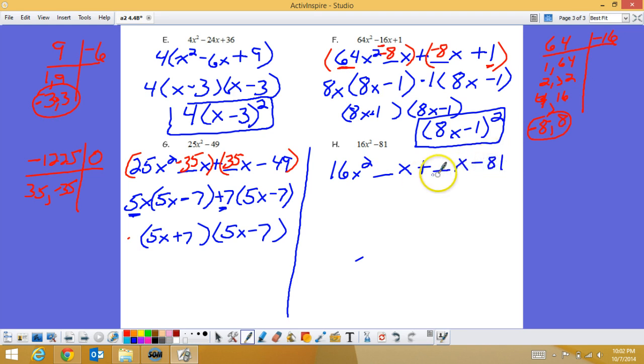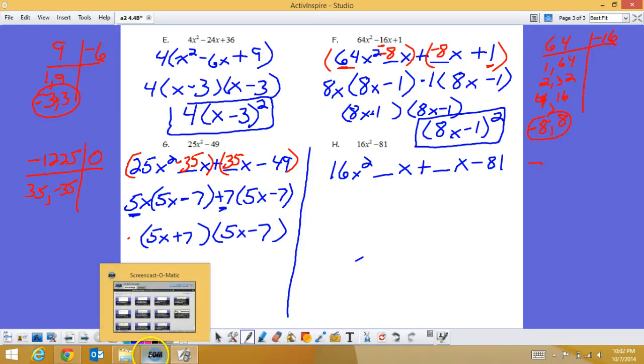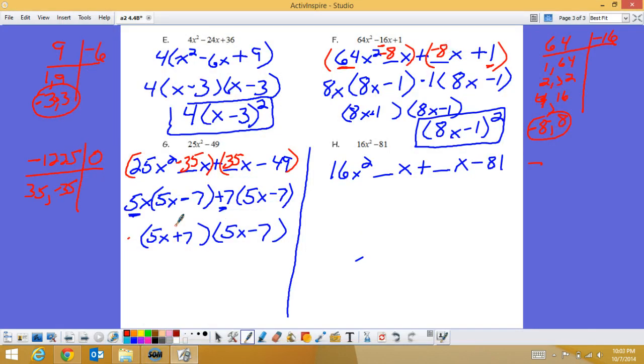Now, again, these two middle values are going to add up to 0 because there is no middle term. So 16 times negative 81, I'm going to hit pause here while I run and get a calculator. So now, when we took 16 times negative 81, that is negative 1,296.